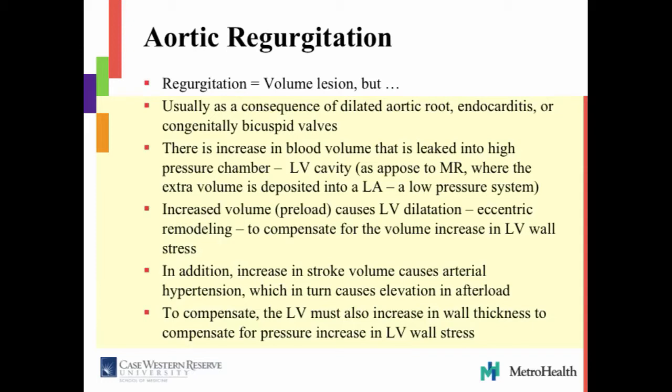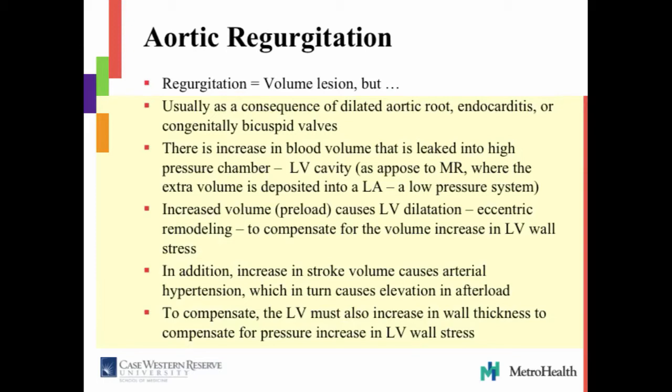Now, the blood leaking is from the aorta into the left ventricle. Now, it's a little bit different compared to the mitral regurgitation, because there the blood is leaking into a lower pressure chamber, because the left atrium has less pressure than the left ventricle. Now, here you have aortic blood flow going from the aorta into the left ventricular cavity.